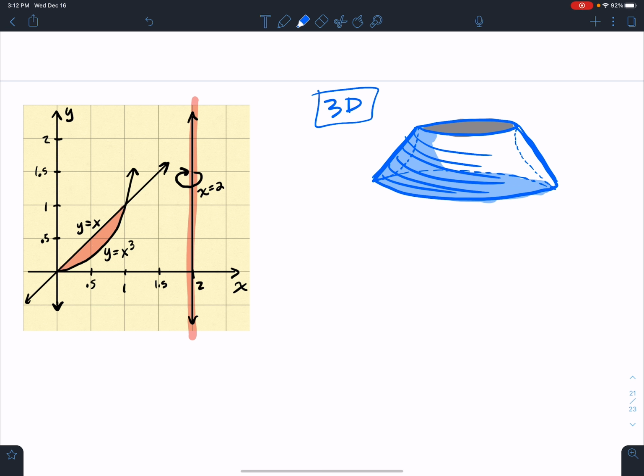All right. So let's get that little thickness going on there. And then, you can see clearly in the middle, it's just kind of hollowed out.